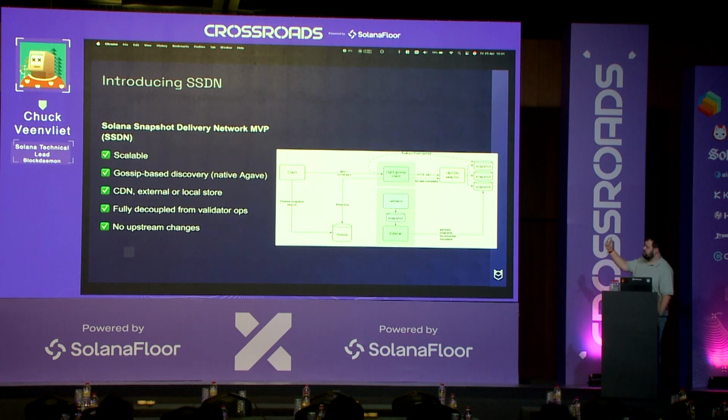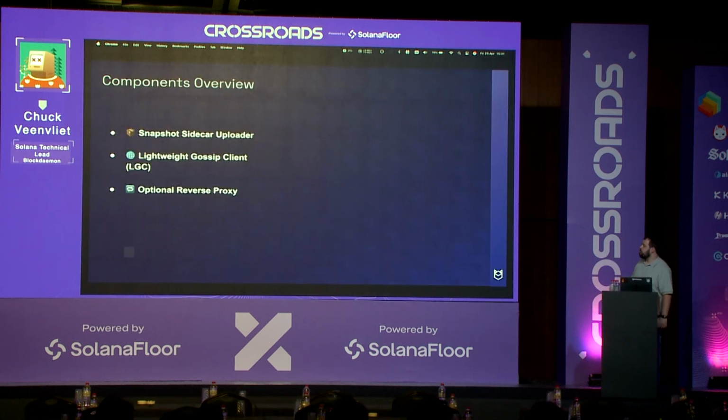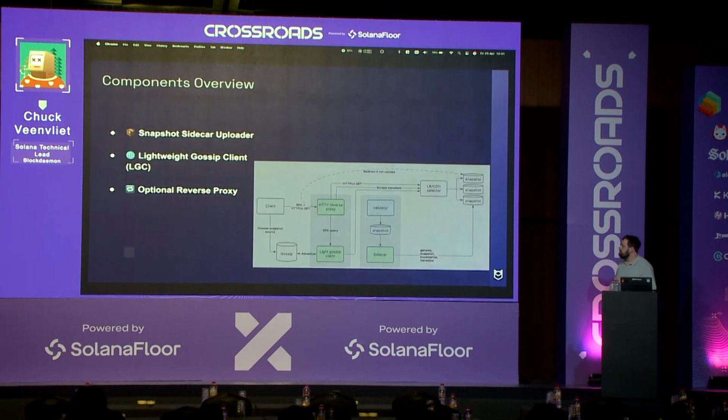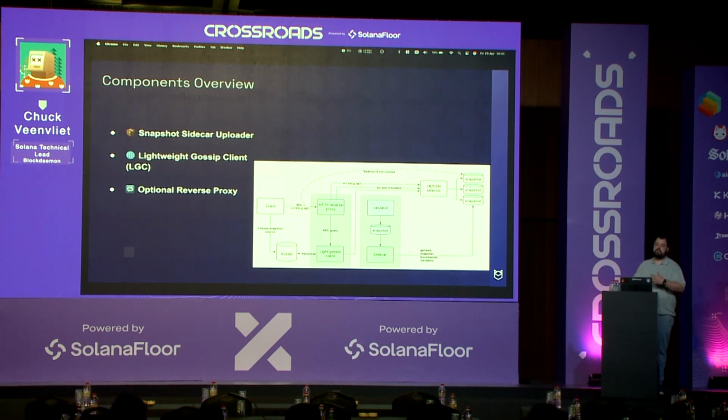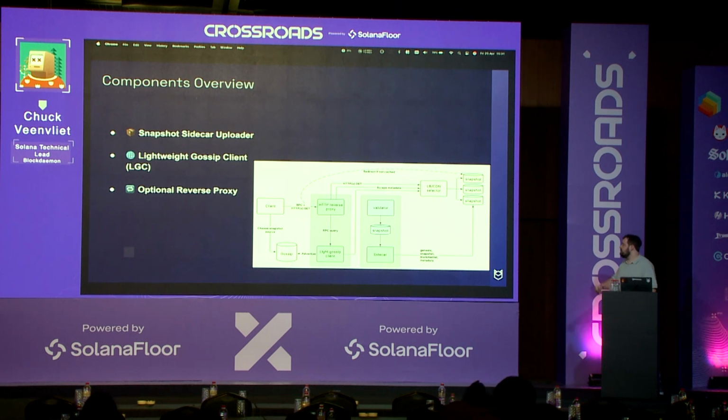It basically has a couple of components. The first one is a snapshot sidecar, an uploader. So your validator is making really great snapshots, incrementally or full snapshots, and we can use a program that uploads all the data to some data storage. It could be anything.